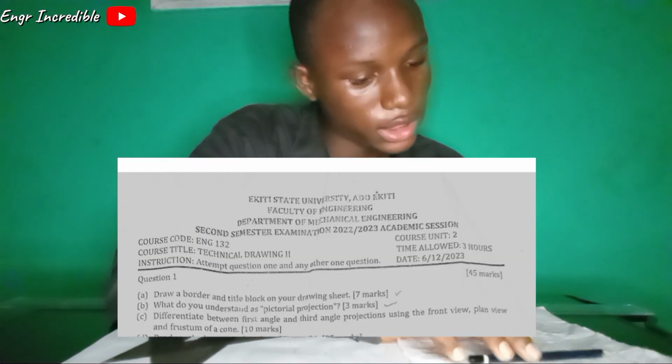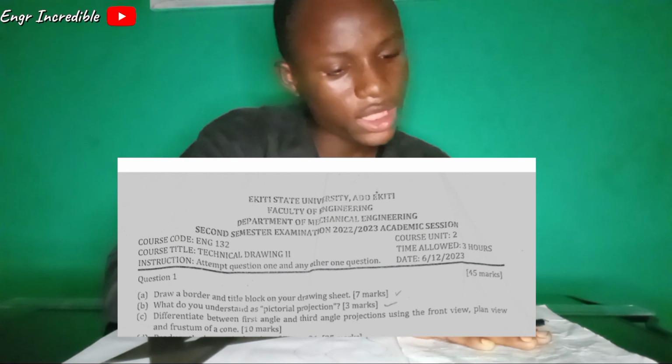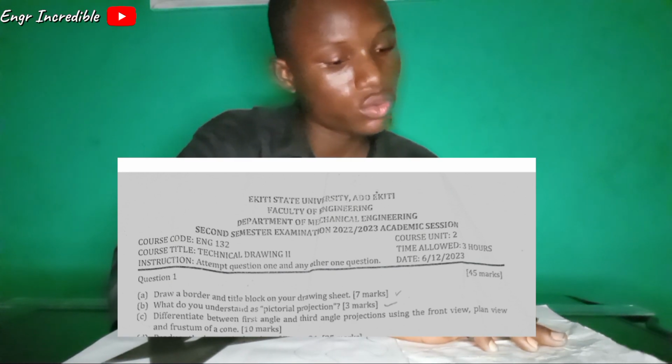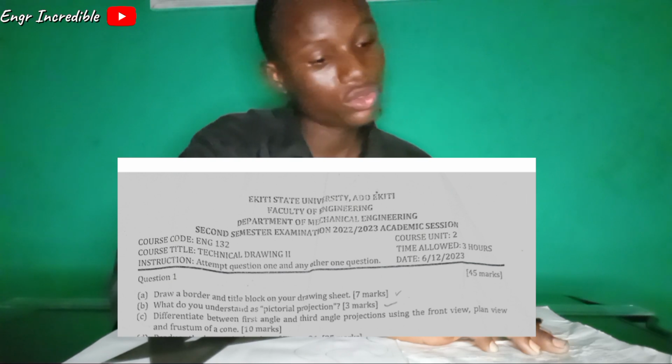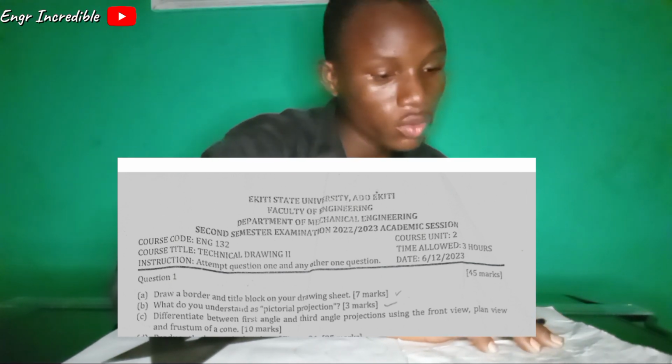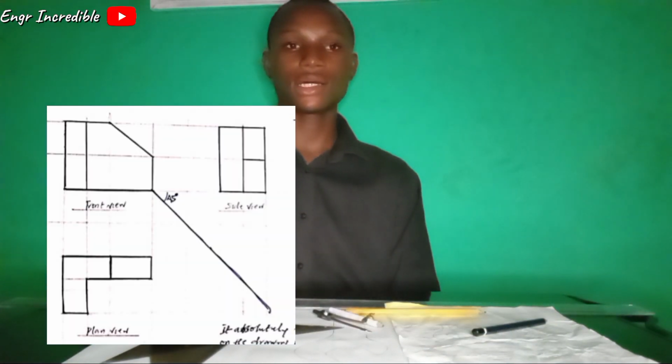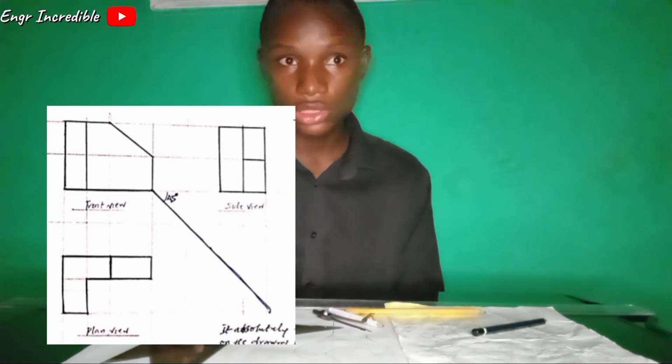Now question 1C says differentiate between the first angle and third angle projection using the front view, plan view and the frustum of a cone. So now the first angle projection is the projection whereby the plan is under, just like the picture that you are seeing on your screen right now.